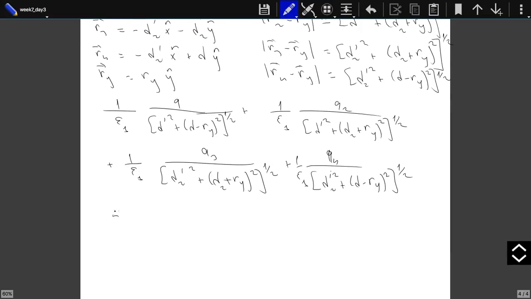This should be equal to 1 over epsilon 2 q double prime divided by square root of d prime squared plus d minus ry squared.